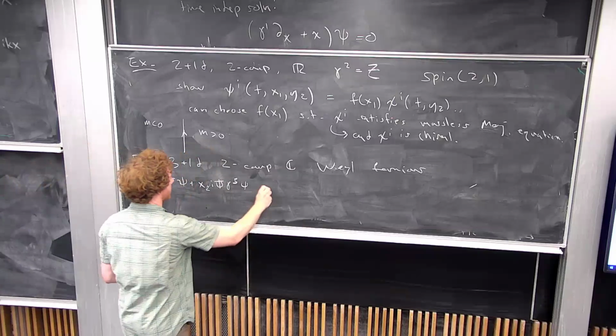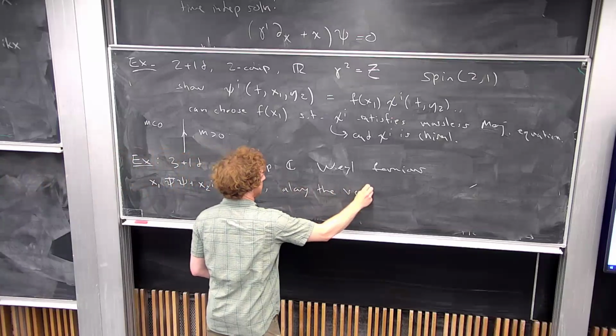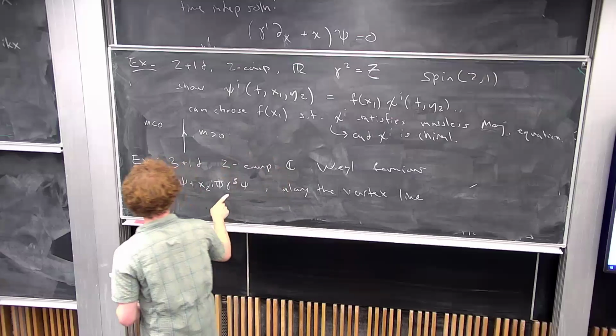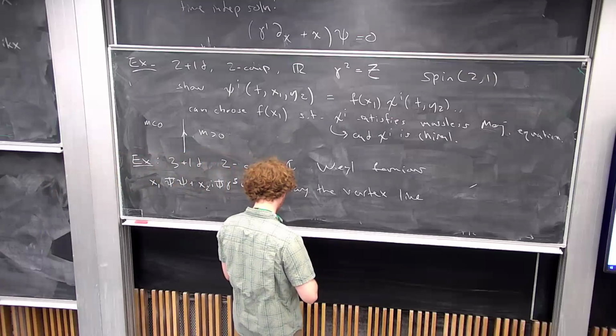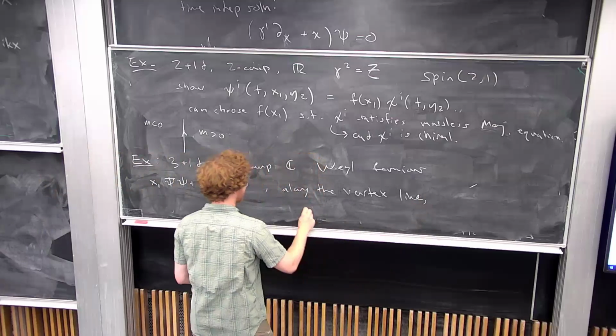Then along this vortex line, right? So this is going to have some codimension 2 solution. There's also a real mode.